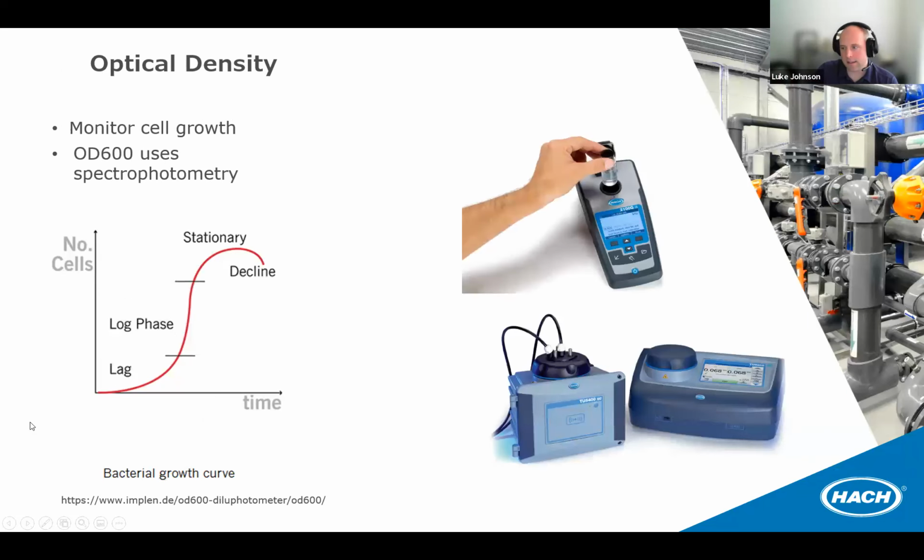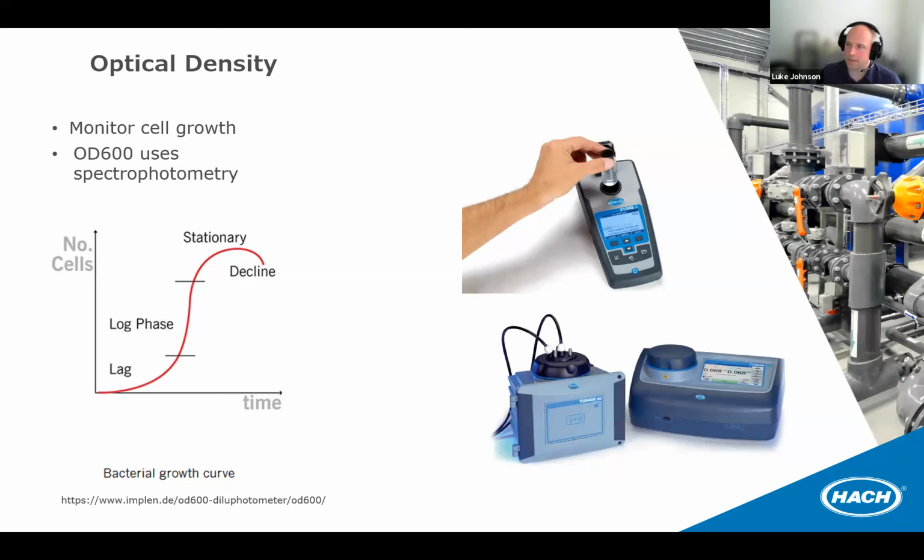And finally, another common application that we see is for measuring optical density in cell growth applications, in the biopharma industry in particular. So if you're growing cells in a matrix, those cells are going to reflect light because they're suspended solids, just like clay or whatnot in a water matrix.